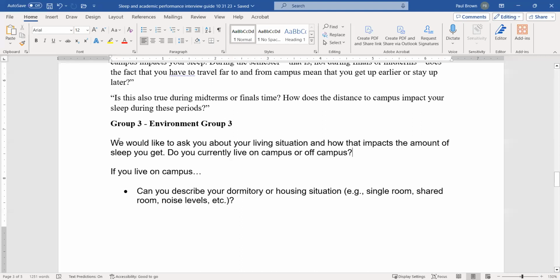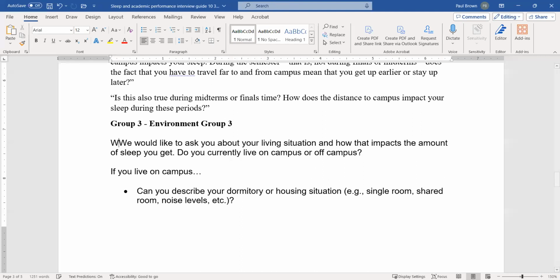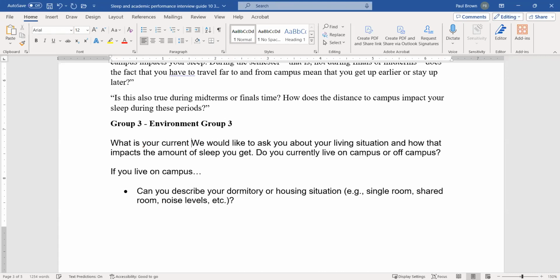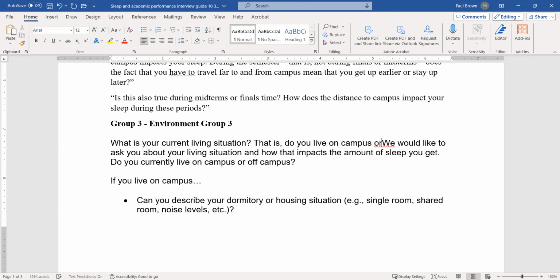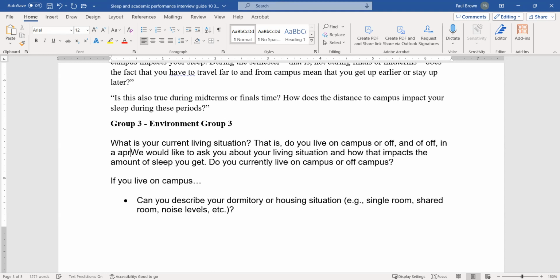So you might start by saying, what is your current living situation? That is, do you live on campus, off, and if off, in an apartment or house.